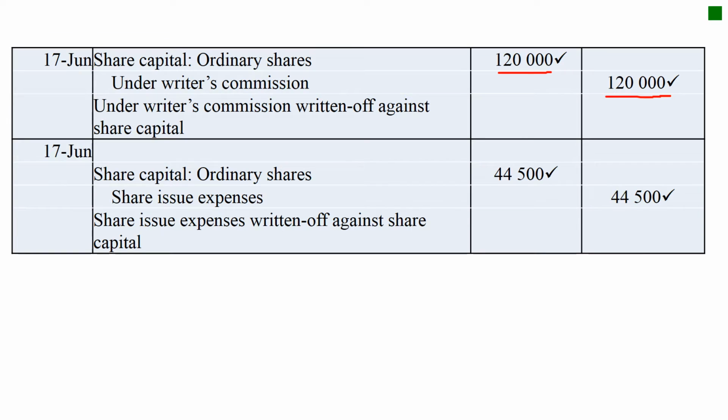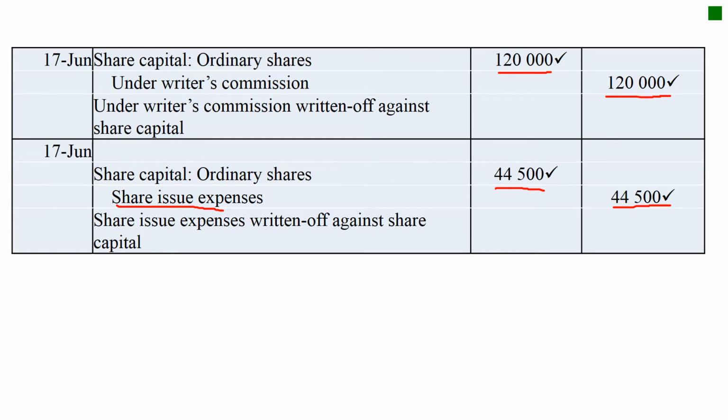Then we do the same thing again with the share issue expenses. We debit the share capital ordinary shares with 44,500 and credit the share issue expenses account with 44,500.